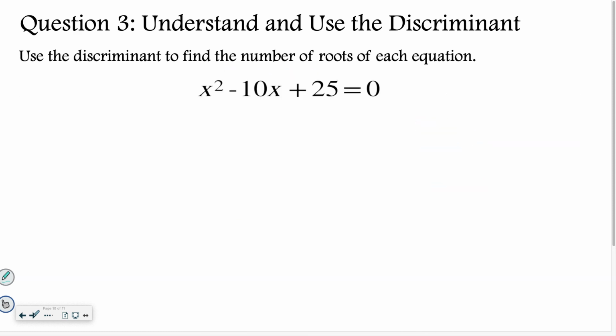It is your turn to find the discriminant and determine the number of roots for the equation. Good luck.